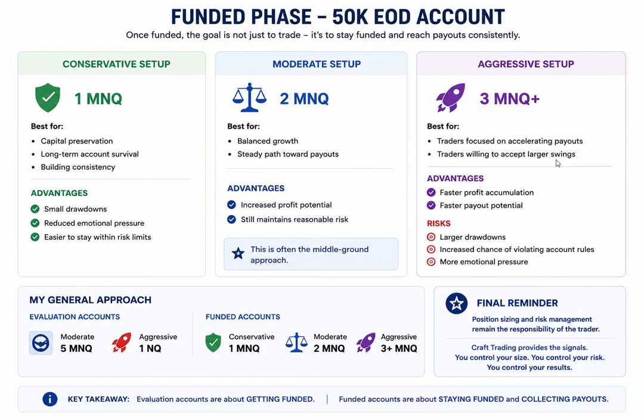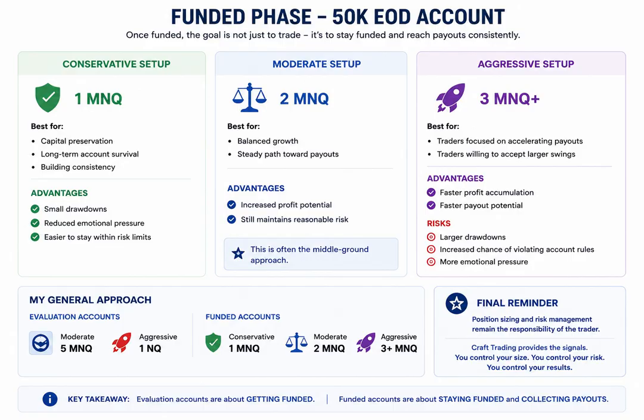So as we move from conservative to aggressive, we are saying I want to get to payout quickly. At the same time, I am saying I'm willing to fail an account and replace it. Yep, that's about the sizing across evaluation and funded.